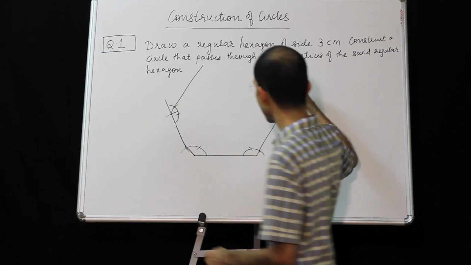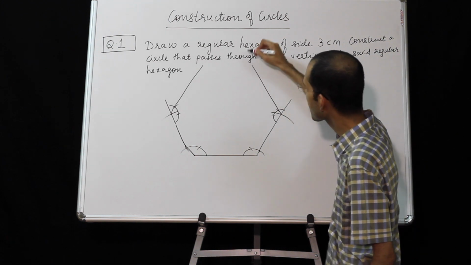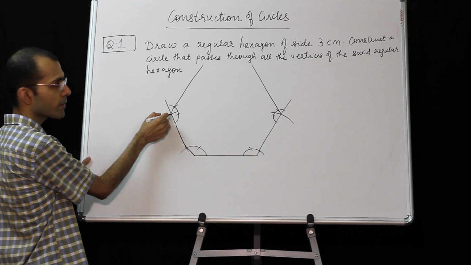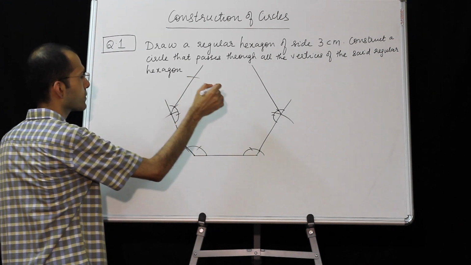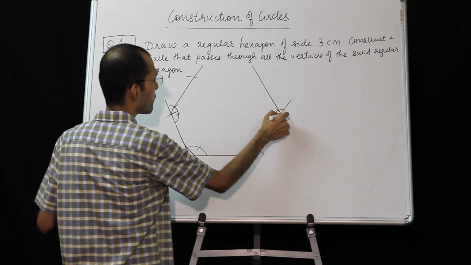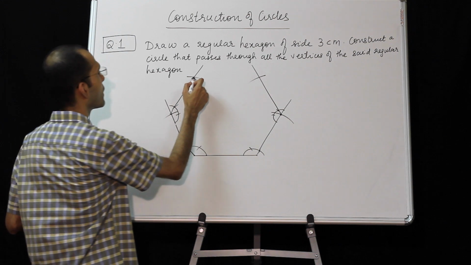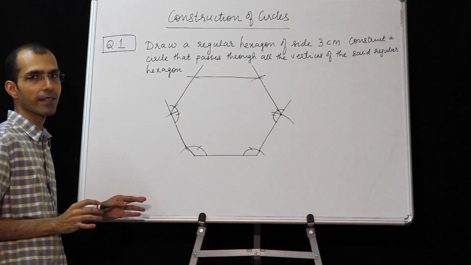Repeat the same procedure here. With this as the center, cut an arc of radius how much? 3. Same with this as the center, cut an arc of 3. Join. This becomes our regular hexagon.